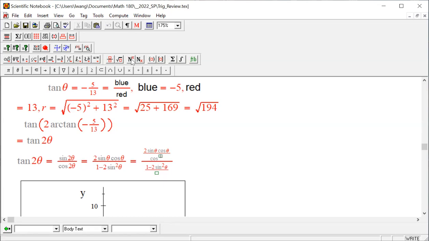So we divide the top by cosine squared theta and the bottom by cosine squared theta. Actually, I'm going to use the other formula.